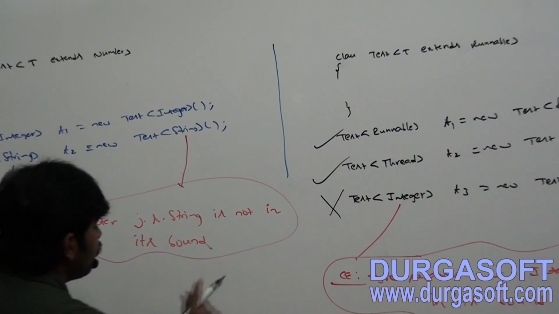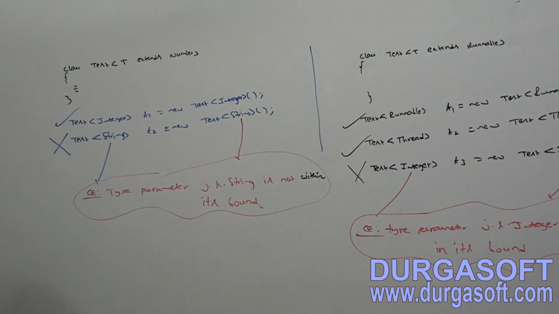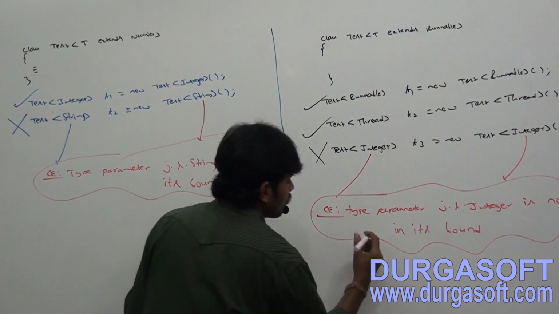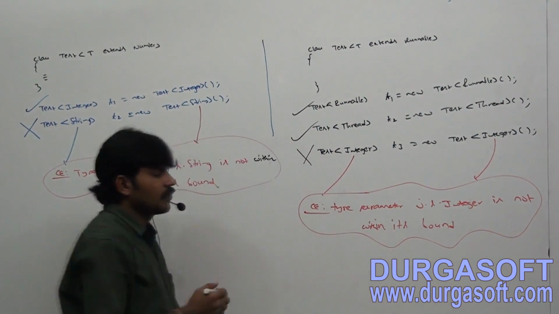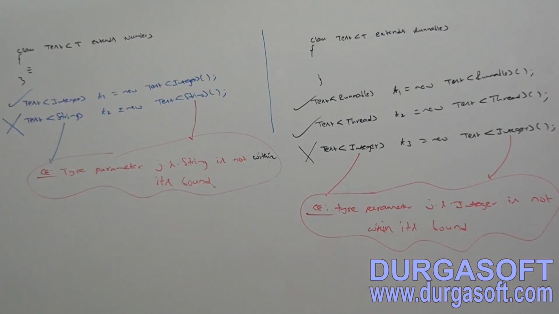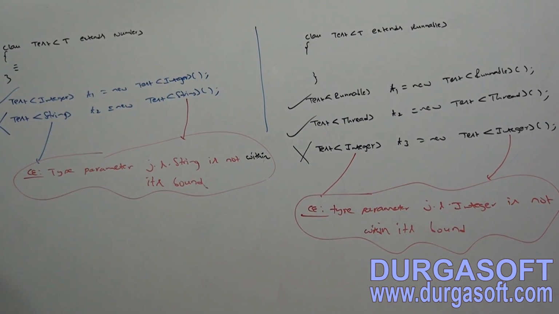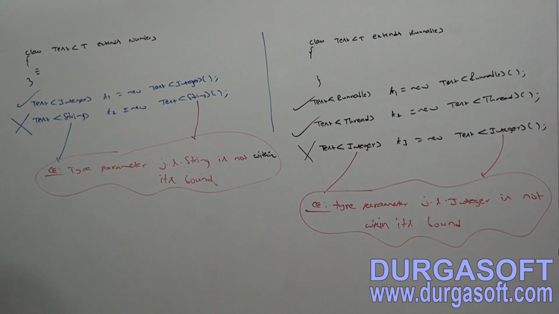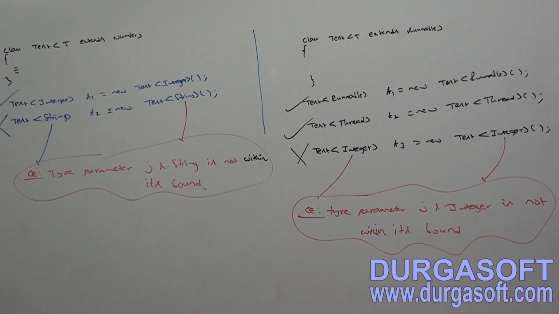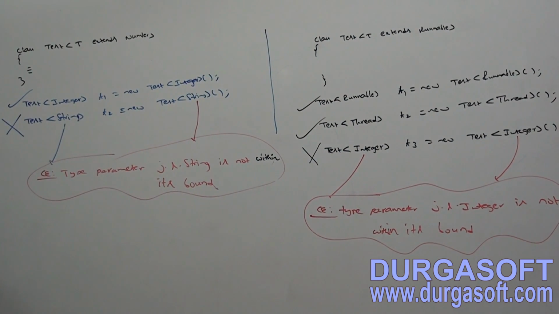Class Test<T extends Number>. Test<Integer> t1 = new Test<Integer>(). Test<String> t2 = new Test<String>().